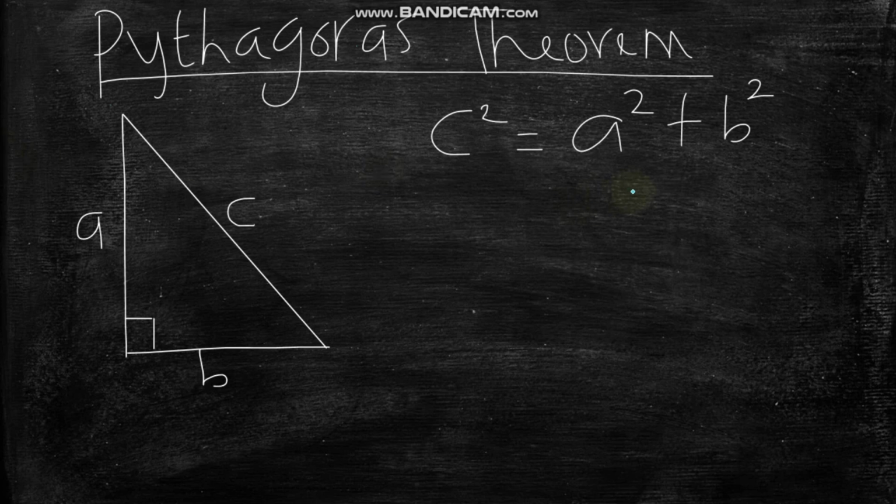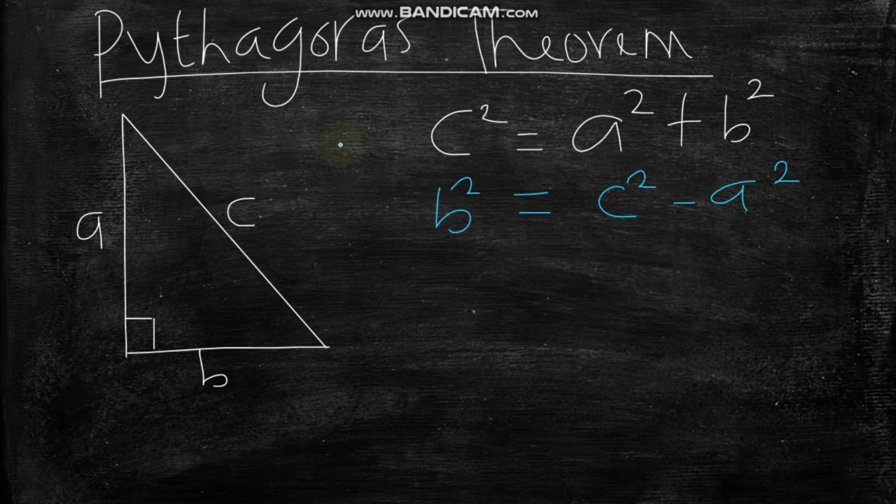So from this formula, we can make some other deductions. Say we want to find A or we want to find B. So if we're looking for B, we will have b squared equal to c squared minus a squared.